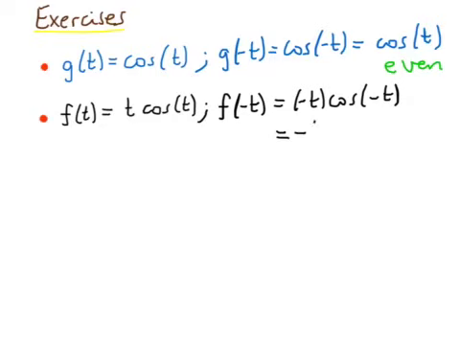The cosine of minus t, as we just argued above, is the same thing as the cosine of t. So we get minus t from the first factor multiplied by the cosine of t. So we conclude that this is the original function multiplied by a minus sign overall. So this is an example of an odd function.